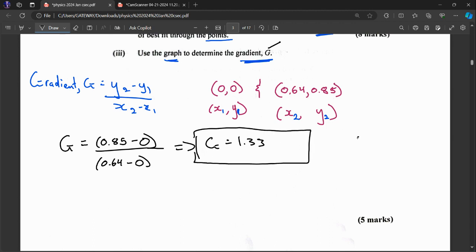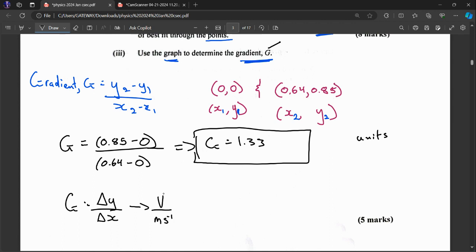Right? But this is not your final answer yet. You need to put in your units for your gradient. So if we know that G is equal to the change in y all over the change in x, on our y-axis we had volts, V. This is the unit.